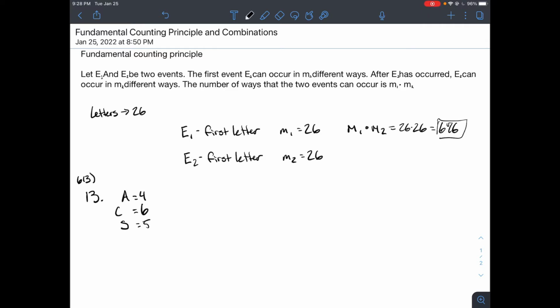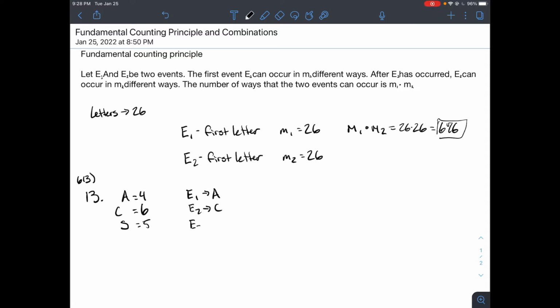And then it asks, what's the possible number of configurations? So we can do the same thing that we did before. Our event 1 is going to be our amplifier. Event 2 will be our CDs.